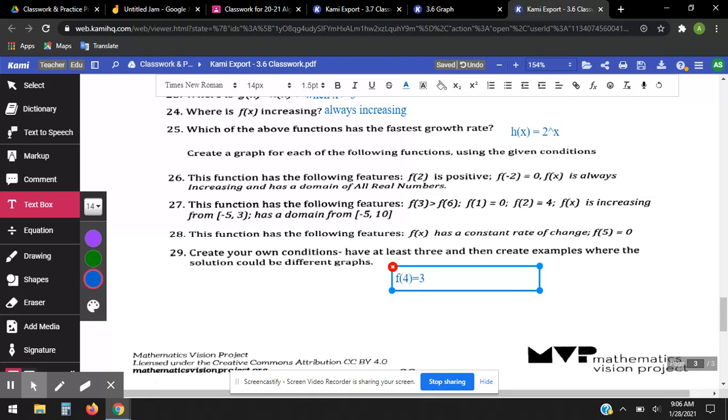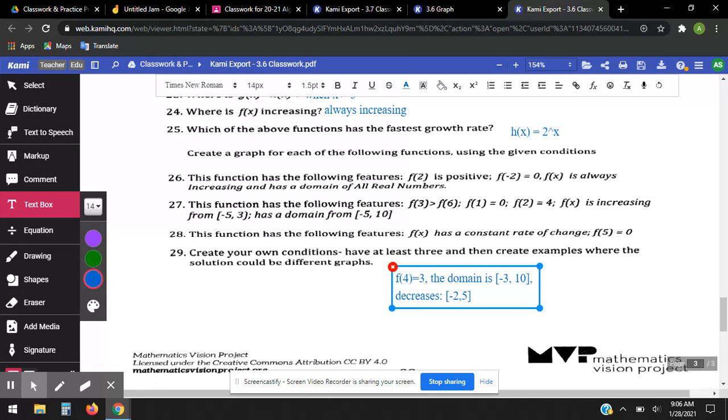The domain is from -3 to 10, and it decreases from, do interval notation, -2 to 5.